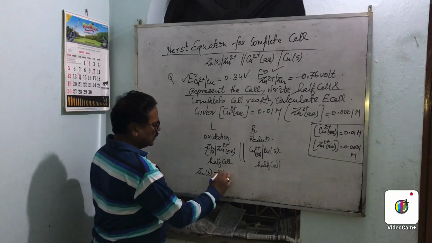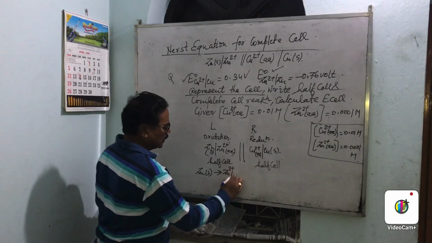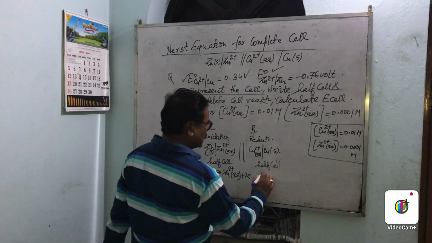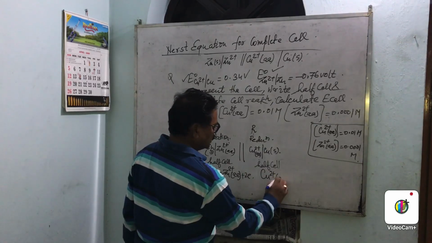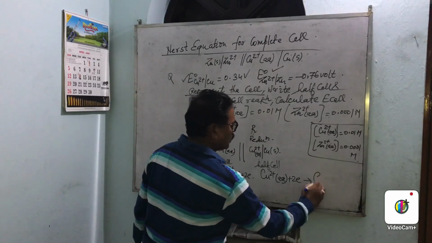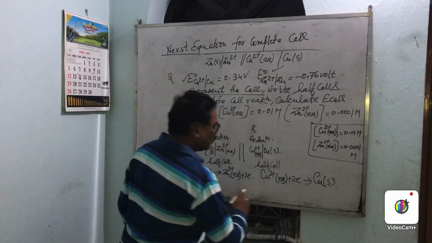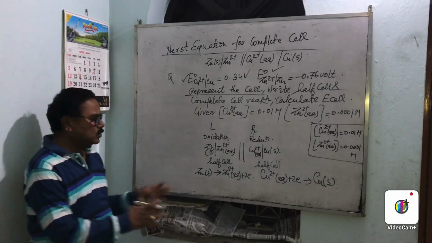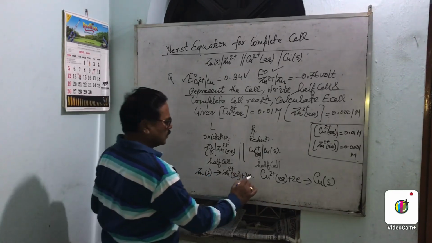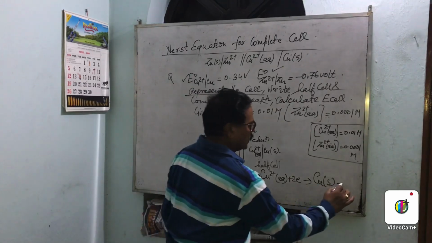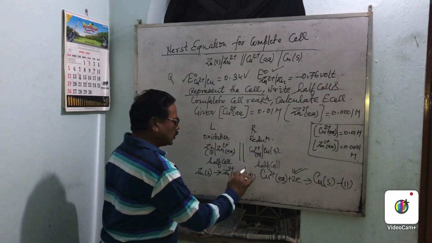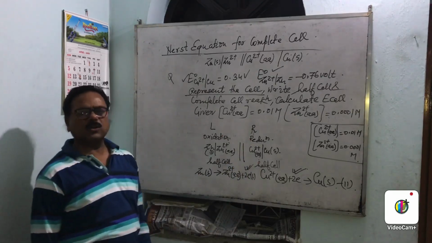So suppose the half equation is written as per the question. Zinc will lose electrons: Zn solid gives Zn2 plus aqueous plus twice e. Now on the right side, copper 2 plus aqueous plus twice e gives copper solid. So we add the two half equations, this is equation 1 and this is equation 2. We have to see whether the electrons in both equations are the same or not.